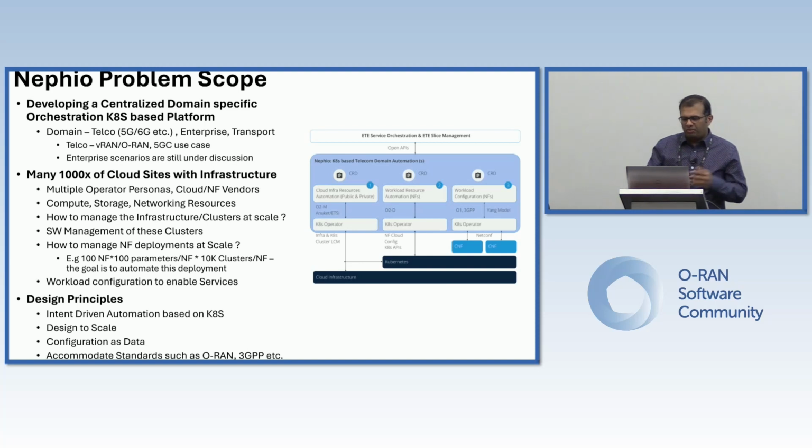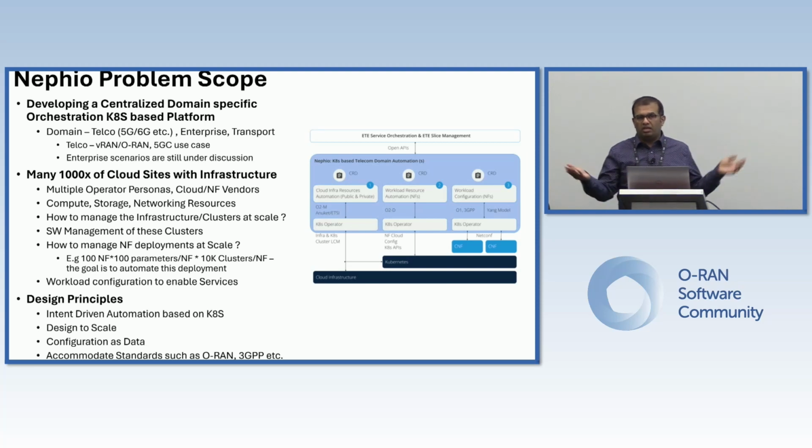There are multi-dimensional problems that Nephio tries to address. One of them is definitely scale. How do you handle the scale of thousands of cloud sites? But at the same time, within an operator network, when you're deploying a service or a slice, you have to coordinate among multiple technology stakeholders.